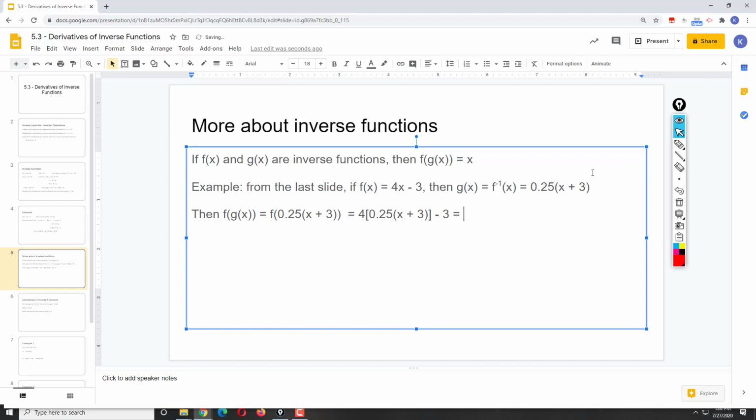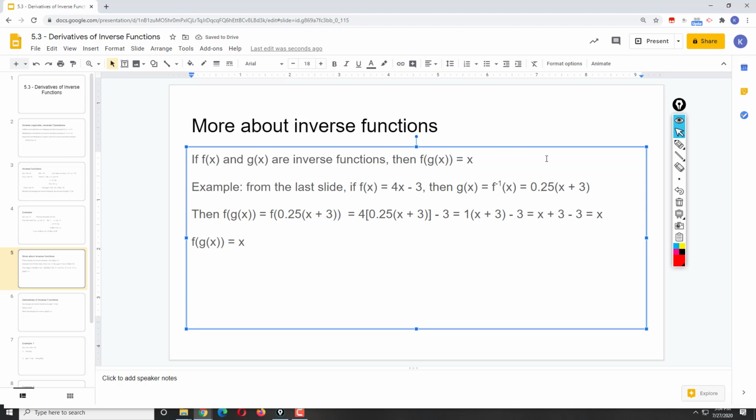Let's simplify. 4 times 0.25 is 1. And then we have x plus 3 minus 3, which equals x. So we saw that f of g of x equals x.